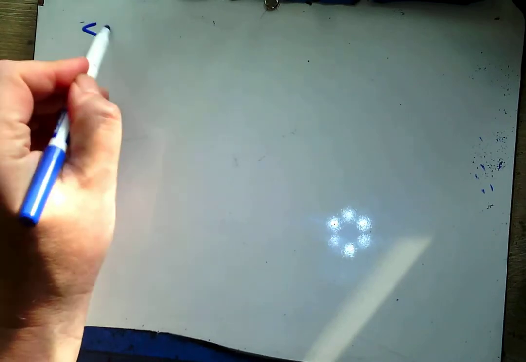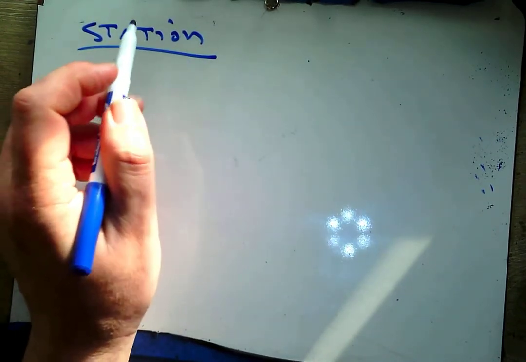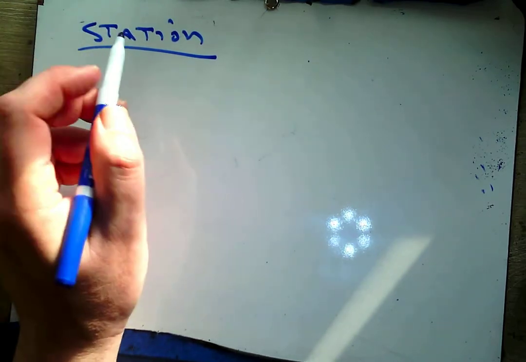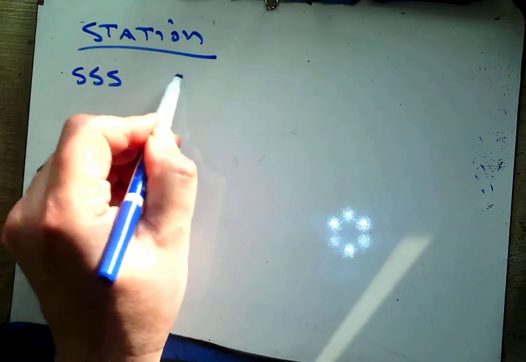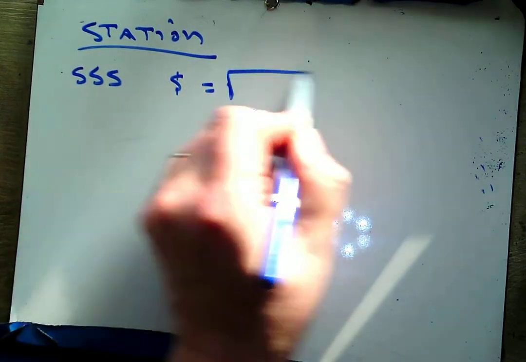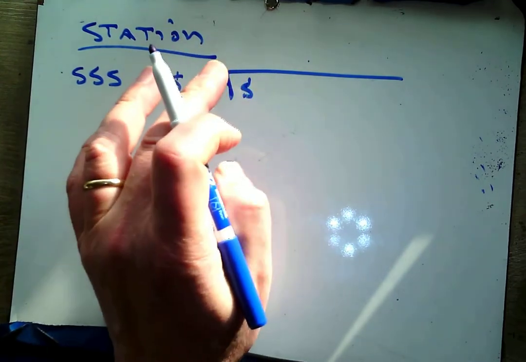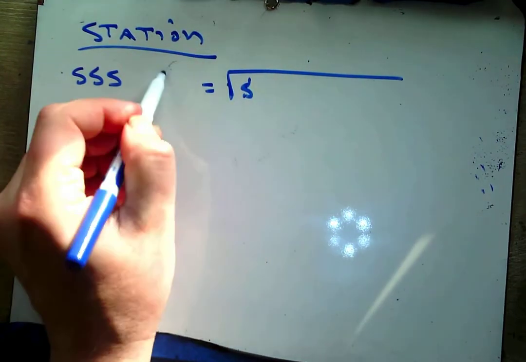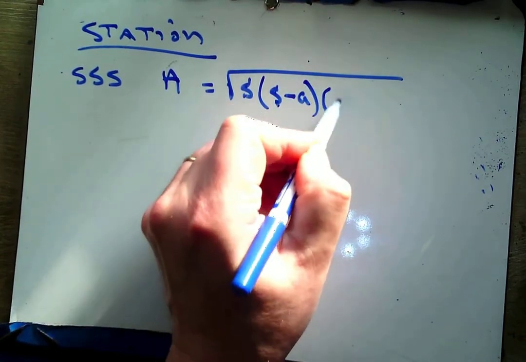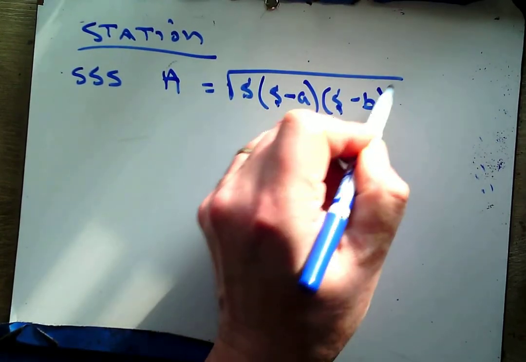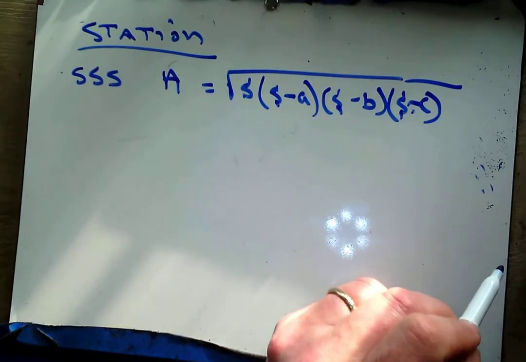Okay, station 2. Station 2 seems to be about triangle area. Remember, we have two recipes for that. We have the side, side, side recipe. That's Heron's formula. Area is the square root of S times S minus A, S minus B, S minus C. Okay, and what's S?